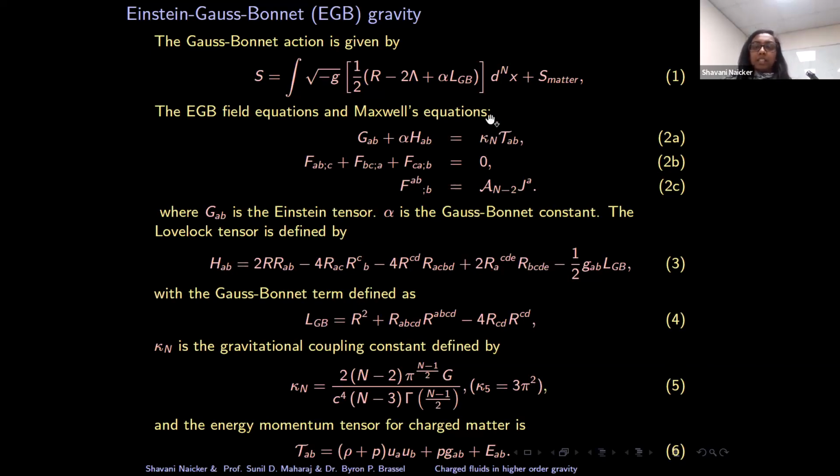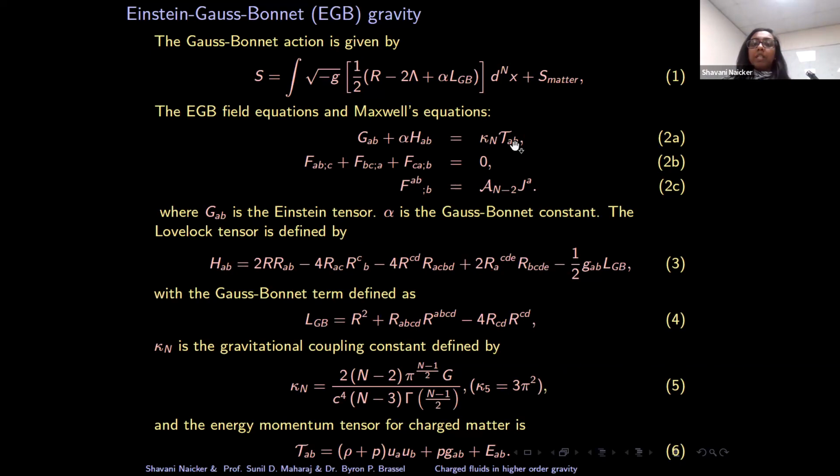Looking at the right-hand side of this equation, kappa_n is the gravitational coupling constant defined by equation 5. When n equals 5, it has the form of 3 pi squared, when G and c are considered as unity.